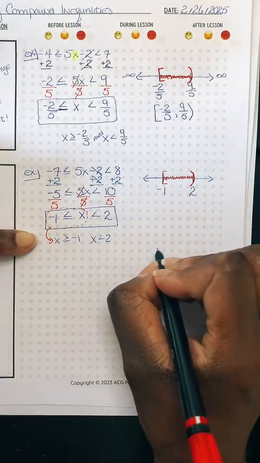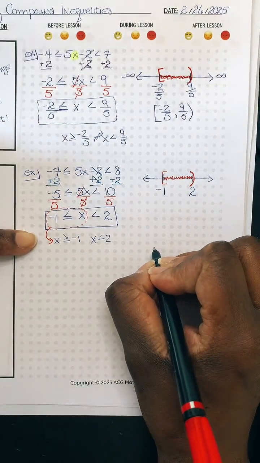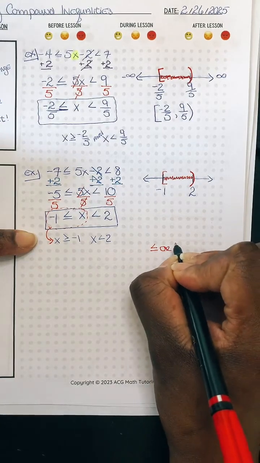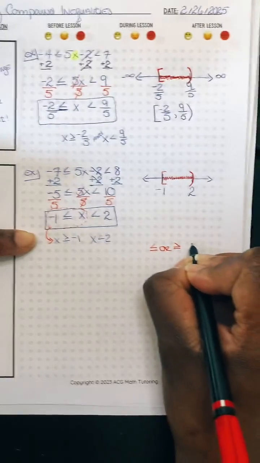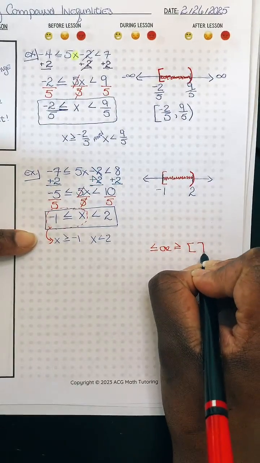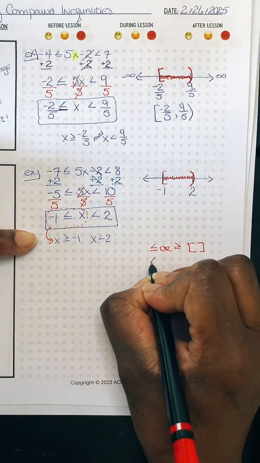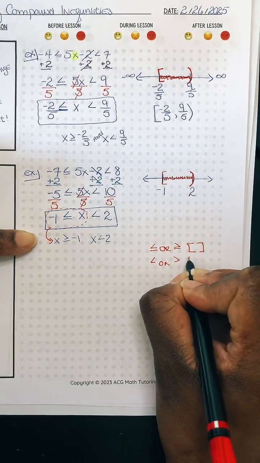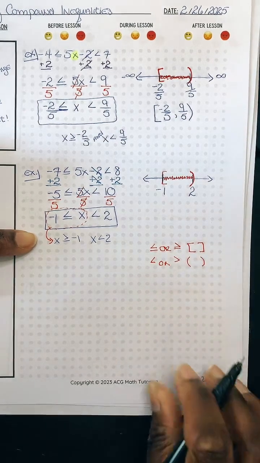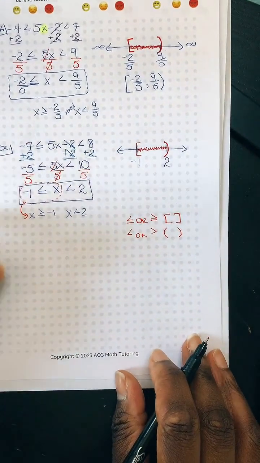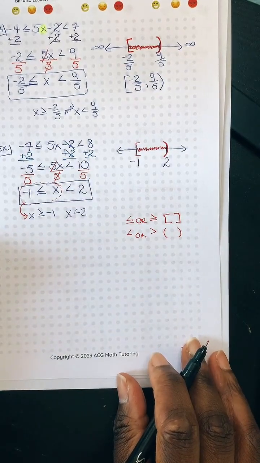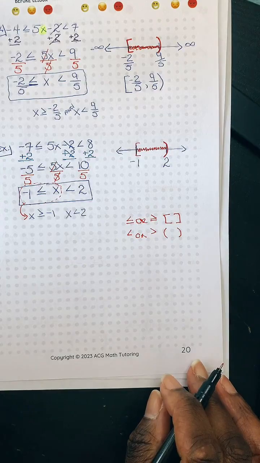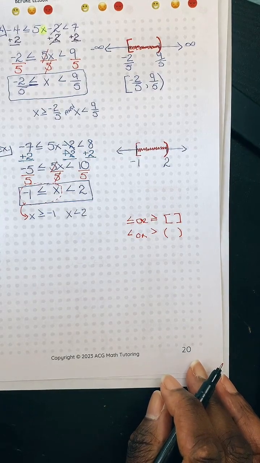So if you have less than or equal to or greater than or equal to, you're going to use brackets. If it's just less than or greater than, you will use parentheses. Okay, not a problem. Okay, you did okay on that one. Nice.